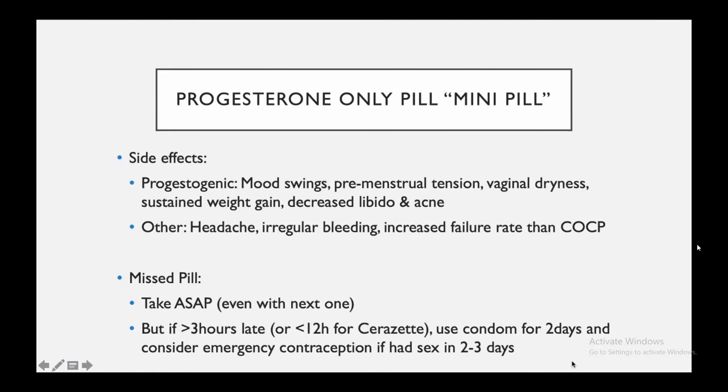If they've had any missed pills, take the pill as soon as possible, even if it's the next one. But if they are 3 hours late, you want to use condoms for 2 days and consider the emergency contraceptive pill if they've had sex in the last 2 to 3 days.